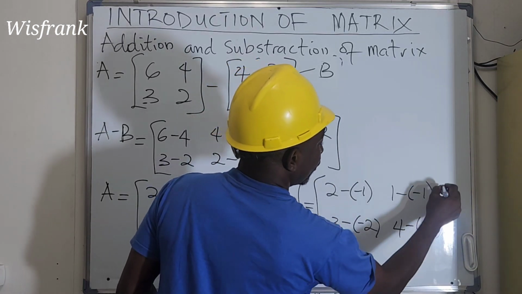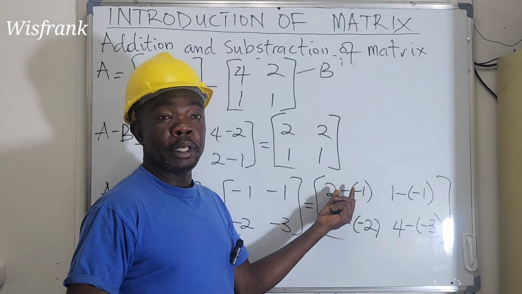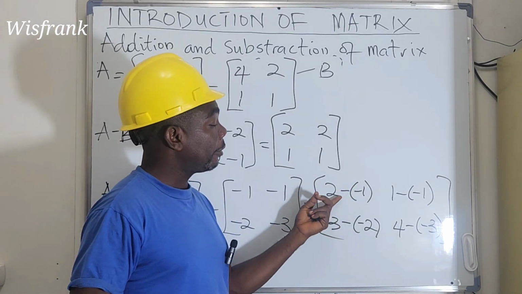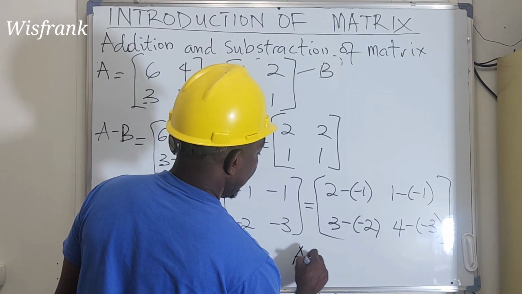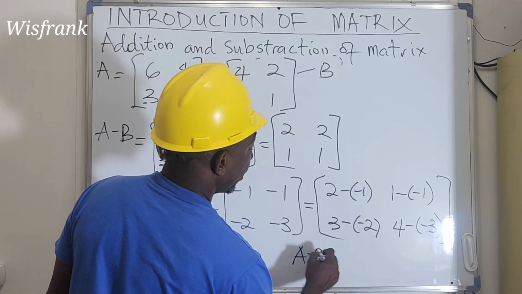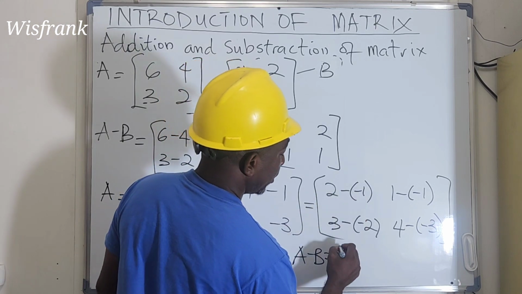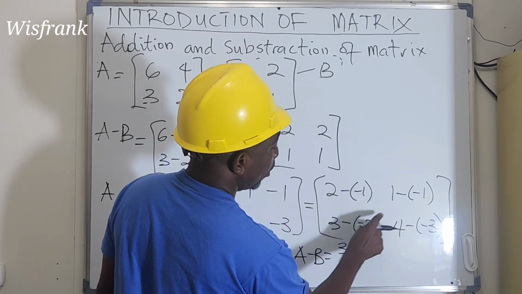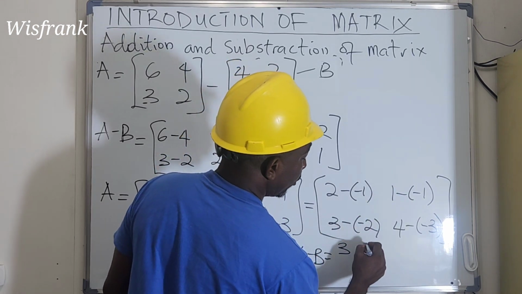So for us to find the solution to this, we need to play with the negative sign. We have minus gives us plus. So this will become A minus B will give us 2 minus 1, which is 2 plus 1, gives us 3. Then the next one is 1 minus 1, which is 1 plus 1, will give us 3.